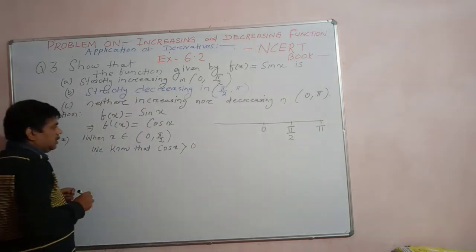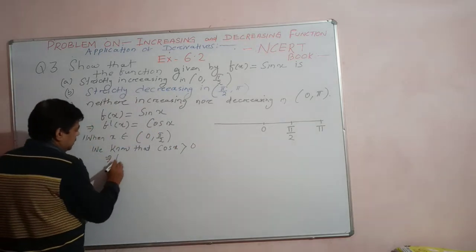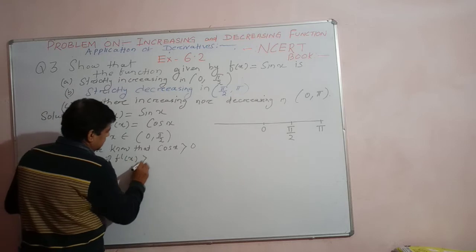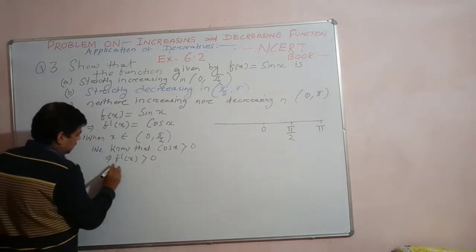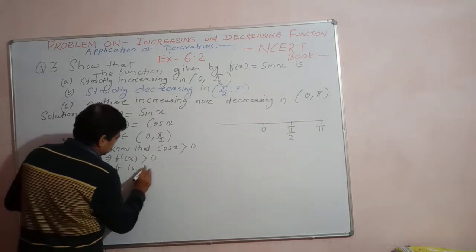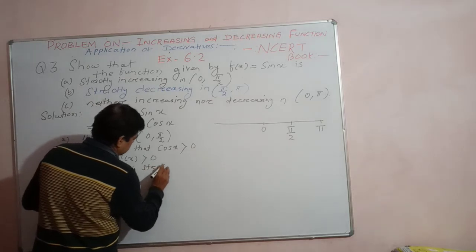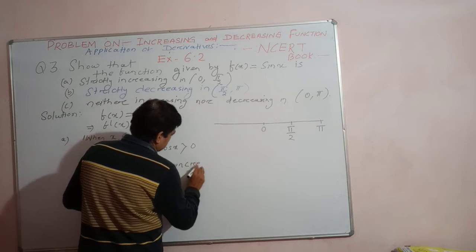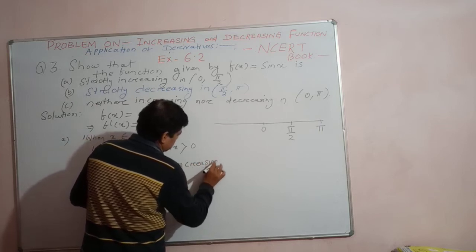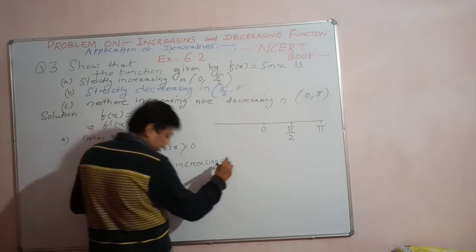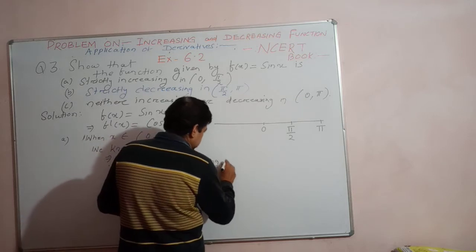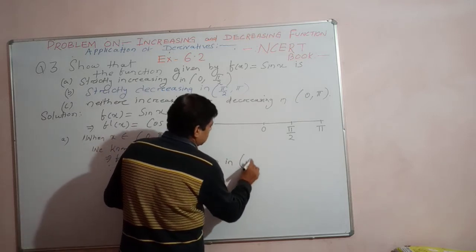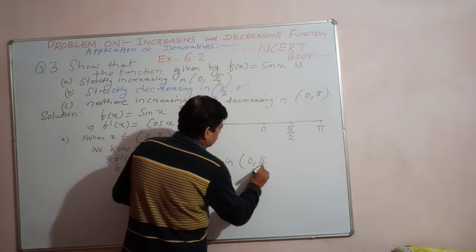That implies f dash x is greater than 0. Hence, f is strictly increasing in the open interval 0 to pi by 2.